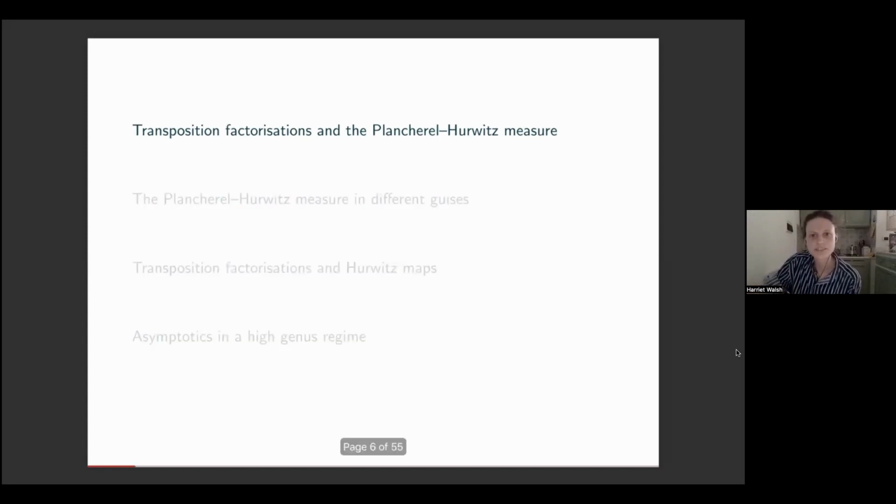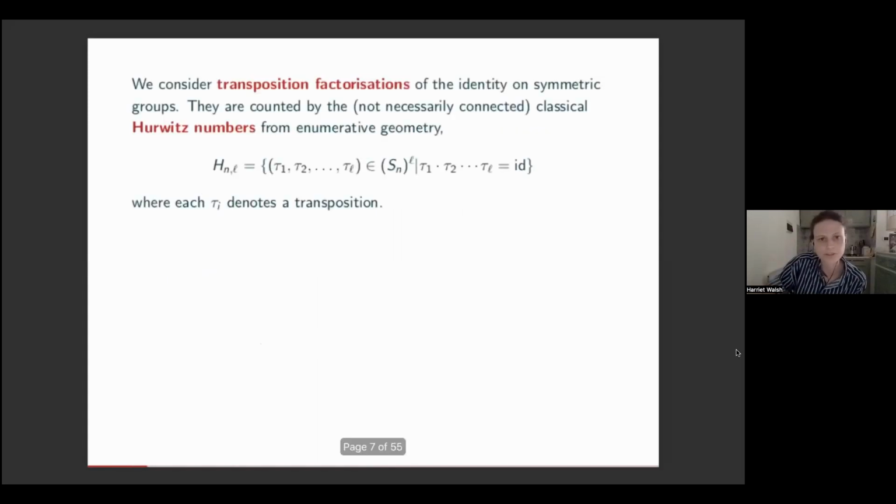So to introduce this other situation where we're using partitions to study elements of symmetric groups, we consider a transposition factorization of the identity. So take the symmetric group of order n, and we'll find a number L of transpositions, so exchanges of two elements, such that their product gives you the identity.